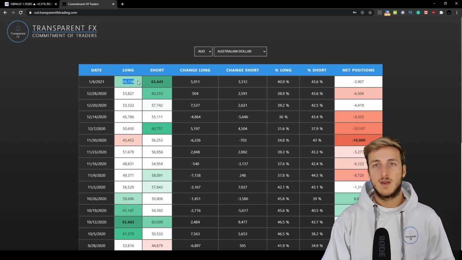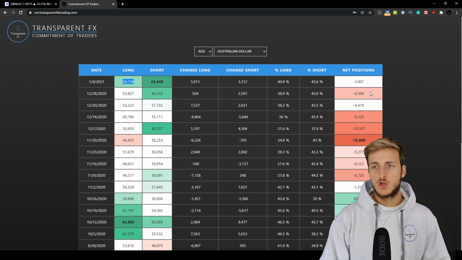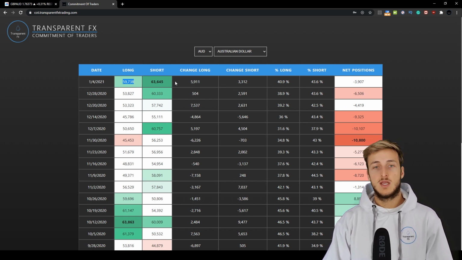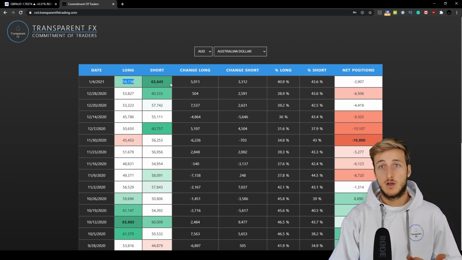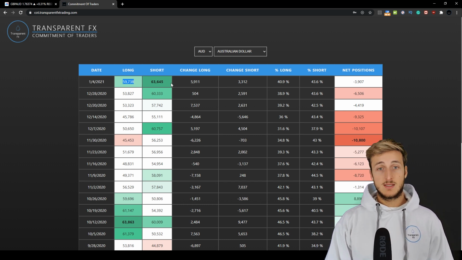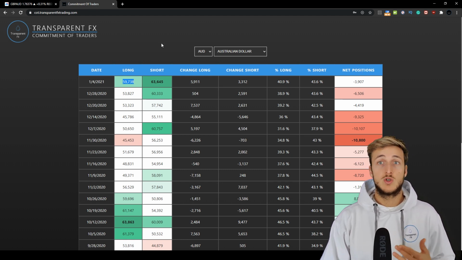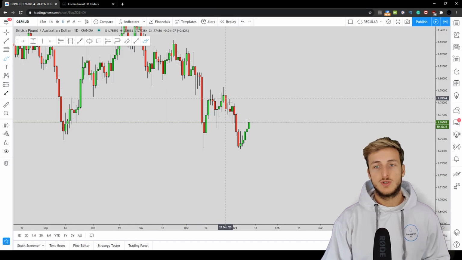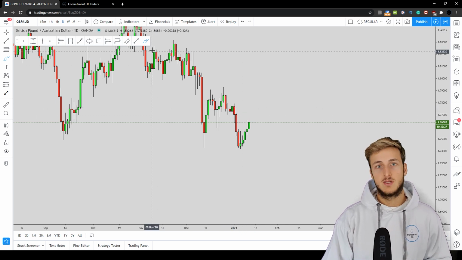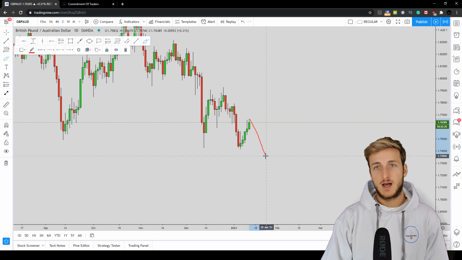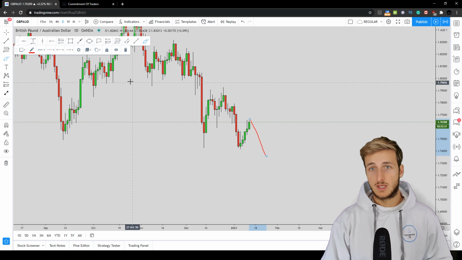In fact, we have now reached 59.7K long positions. So overall net positions are starting to shift to the positive side, and possibly if we start seeing shorts getting closed, net positions shift again to the positive side, which would be great, because a weak pound and a strong AUD is exactly what we need for this move to the downside.